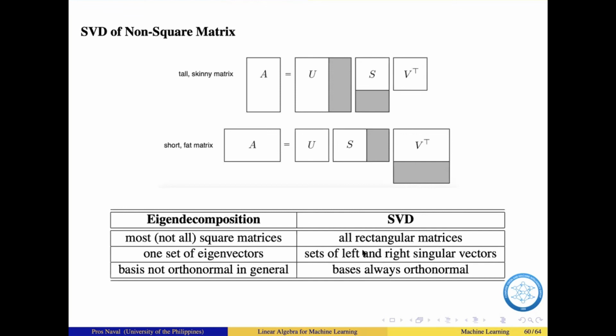But yeah, that's the price that you have to pay for being able to deal with the rectangular matrices. For eigen decomposition, in general, the basis is not orthonormal. Okay? The basis is not orthonormal for eigen decomposition. That's for the general case. However, for SVD, the bases are always orthonormal.